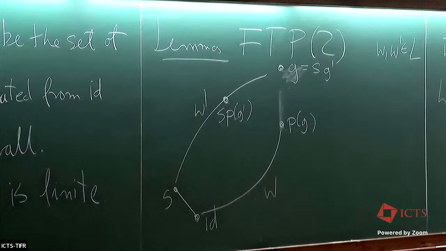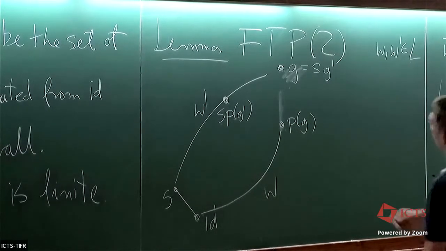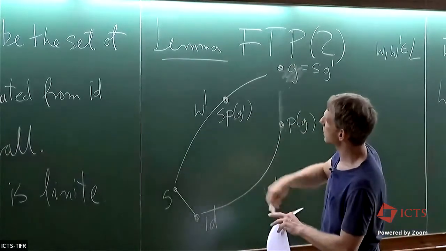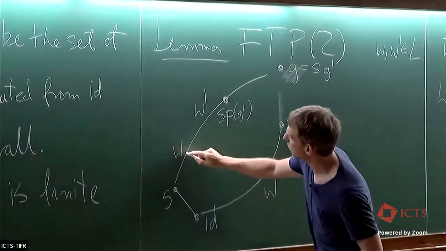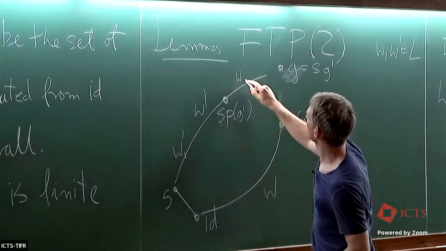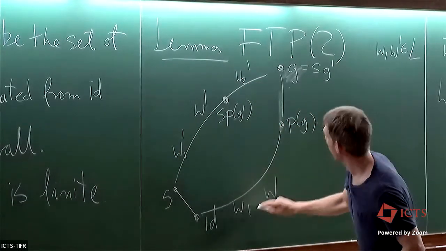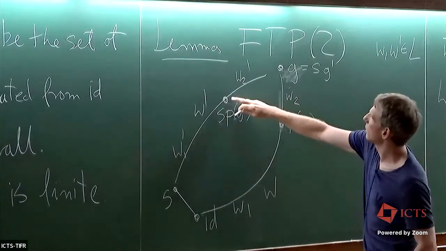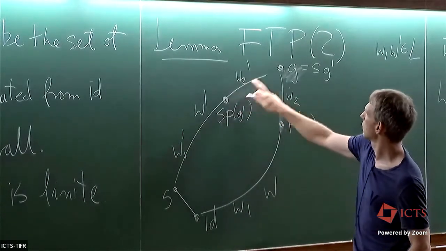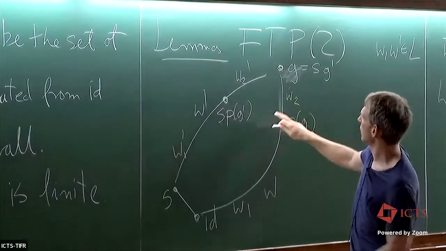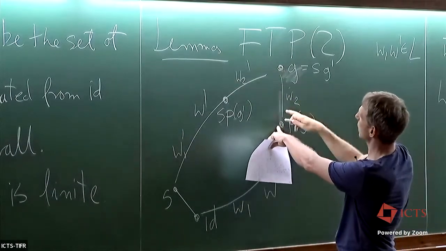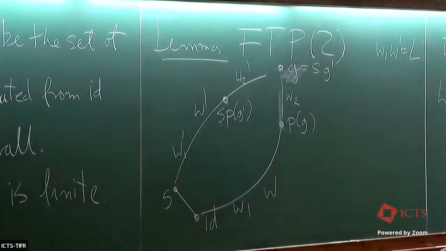No, but you still have to figure out the section from P of G to... Yeah, but again, this W prime is labeled by, remember, W1 prime and W2 prime. This W is labeled by W1 and W2. And indeed, these two words are short. So if these paths are at the same point, they can be at most a distance C, one from another. But let's assume that these points are different.